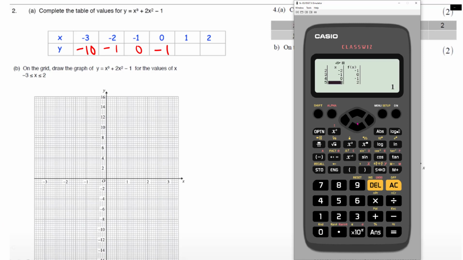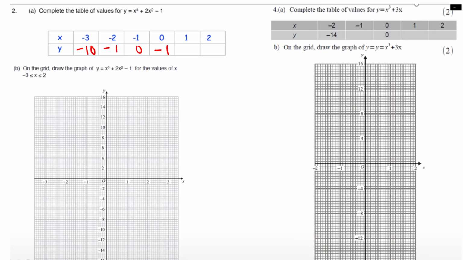And then when x was 1, y was 2, and x was 2, y was 15. So that's 2 and 15, and 15, so we just plot those points. Minus 3, 10. Minus 2, minus 1.